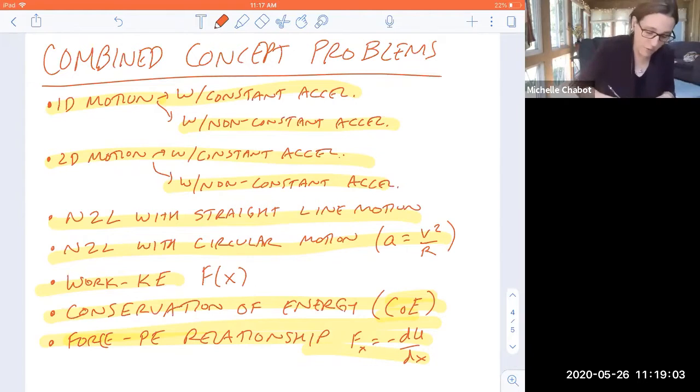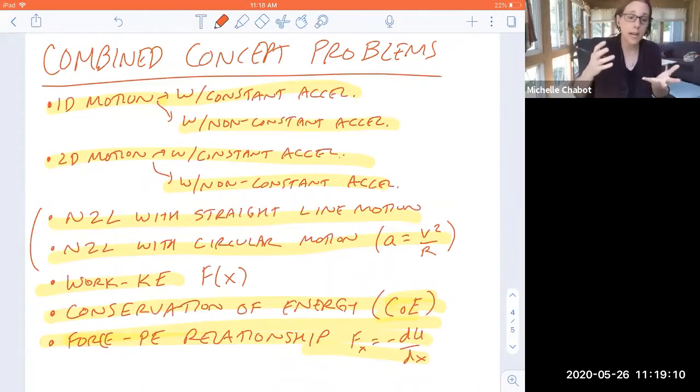Am I given information about my forces, in which case I'd want to use Newton's second law and draw a free body diagram, or maybe I'm given a function or some information that allows me to do work kinetic energy. So use this as a checklist. Which one of these might apply to your problem? If you're looking at a problem and you're stuck, think, does this apply? Does this apply? And then you'll get better at it. It's a skill that we develop. This is one of the major critical thinking, problem-solving skills that you get from this class.